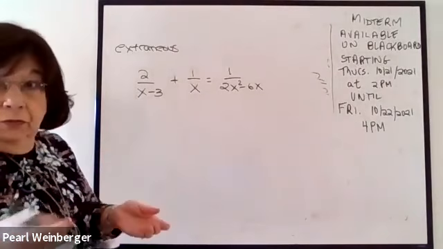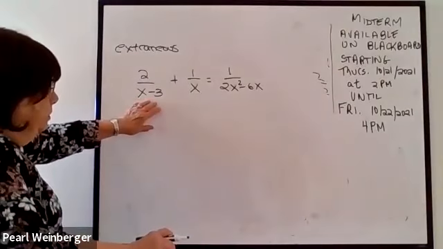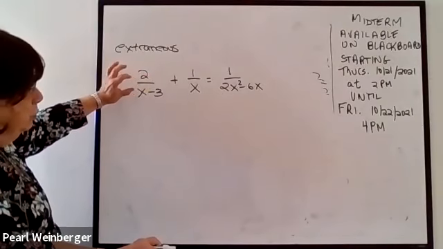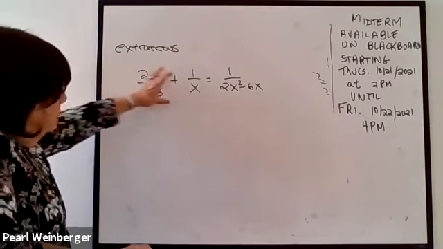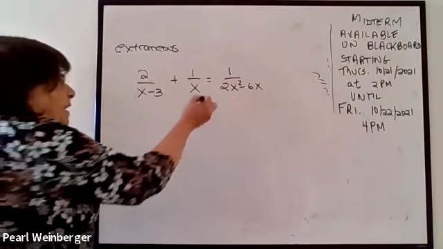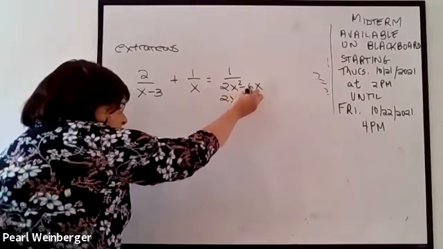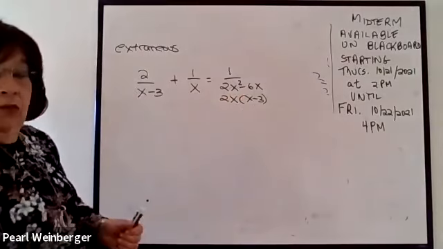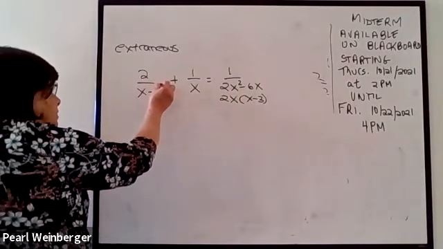And of course, the first thing we want to do is find the common denominator, which means since I see polynomials in my denominator, I have to factor my denominators. This is x minus 3, this is an x. So there's nothing to factor here. But this 2x squared minus 6x, I can factor, I have a common factor of 2x, it becomes 2x times x minus 3. And then remember, we circle all our different factors.